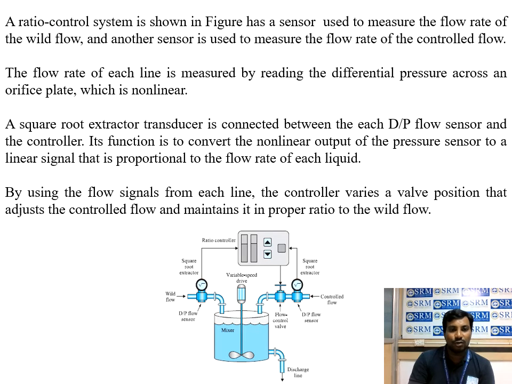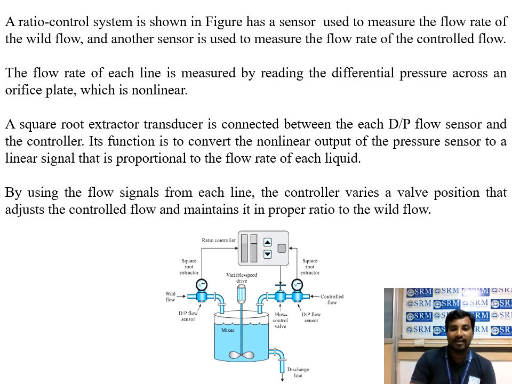The figure shown here is a ratio control system, which has a sensor used to measure the flow rate of the wild flow, and another sensor used to measure the flow rate of the control flow. The flow rate of each line is measured by reading the differential pressure across an orifice plate, which is non-linear.